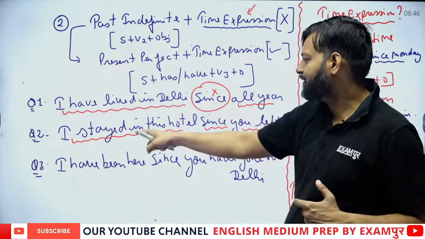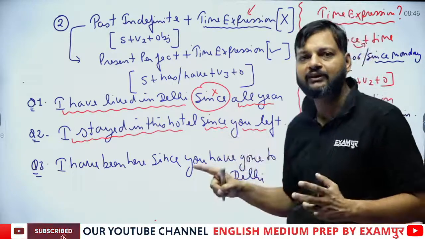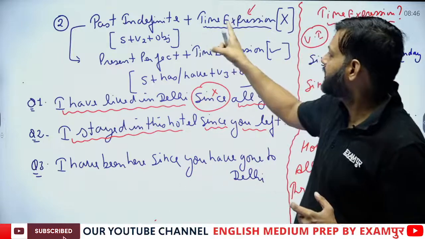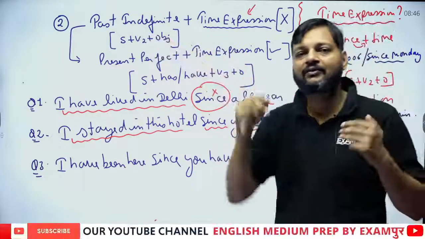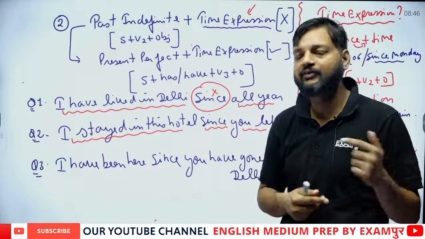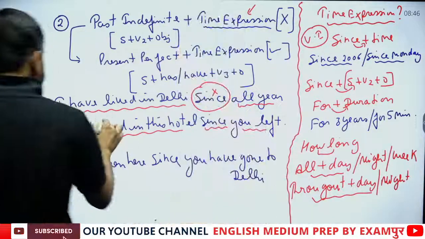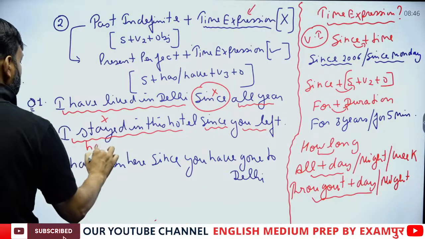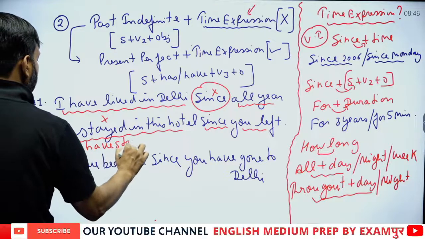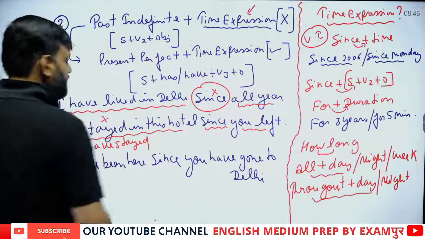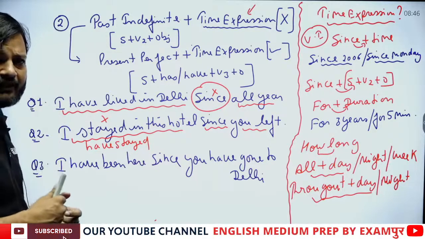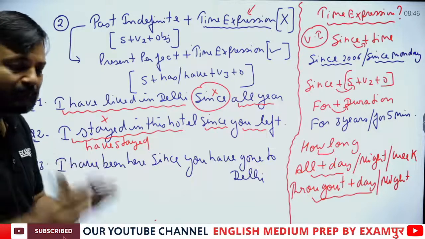And with past indefinite you cannot use a time expression. Right? If there is a time expression after past indefinite, the sentence should be changed into present perfect. So here in place of stayed, we need have stayed. Past indefinite has to be changed to present perfect.